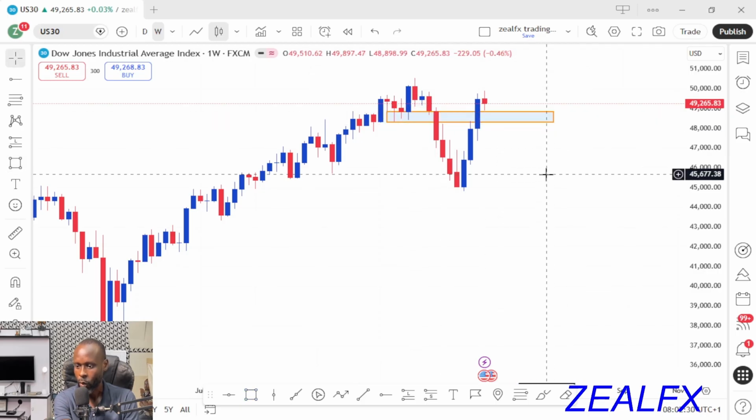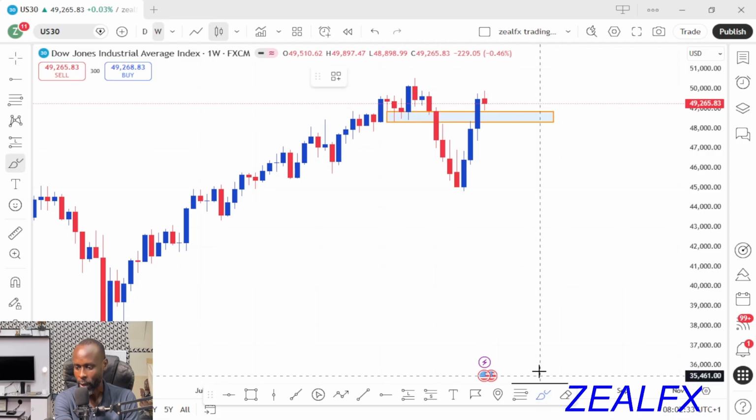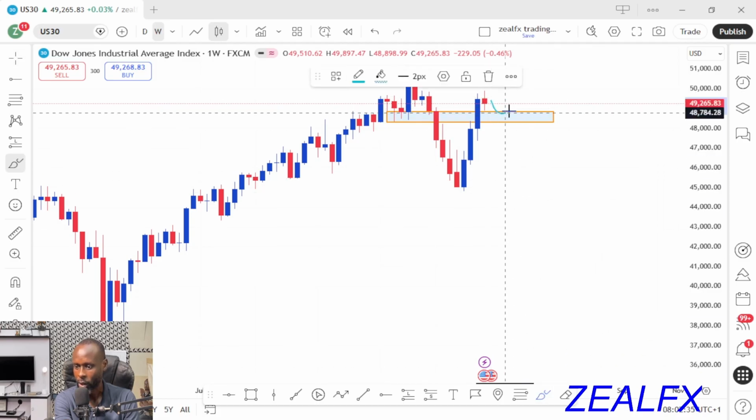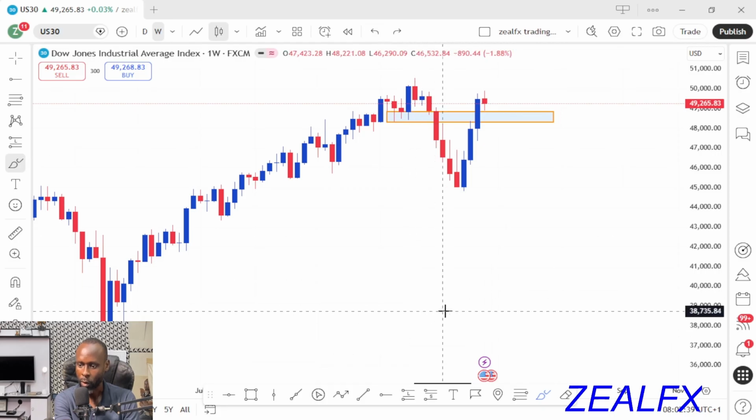If you are to look at buying, we have to wait for price to retest that particular support level. For now, we don't have a clear direction until we see a possible buying opportunity from this weekly support level to start looking for a major buy on US30.